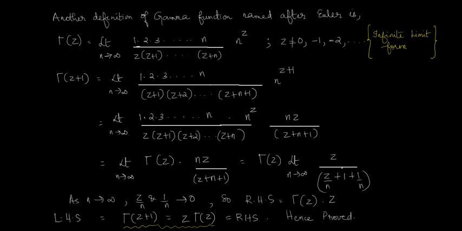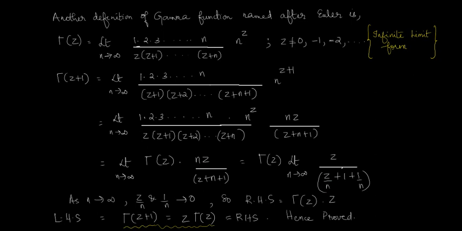So when you have such a fraction, don't just directly apply n tends to infinity, because again you will end up with an indeterminate form, infinity by infinity, if you apply the limits directly. So divide with an n and then apply the limits. When you divide with an n, you have z in the numerator, and you have such terms in the denominator.